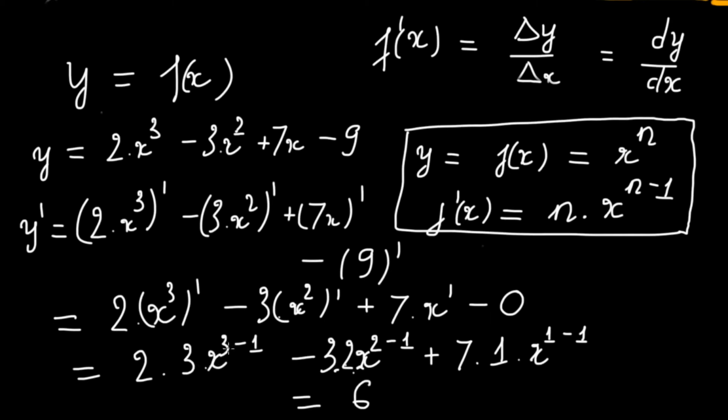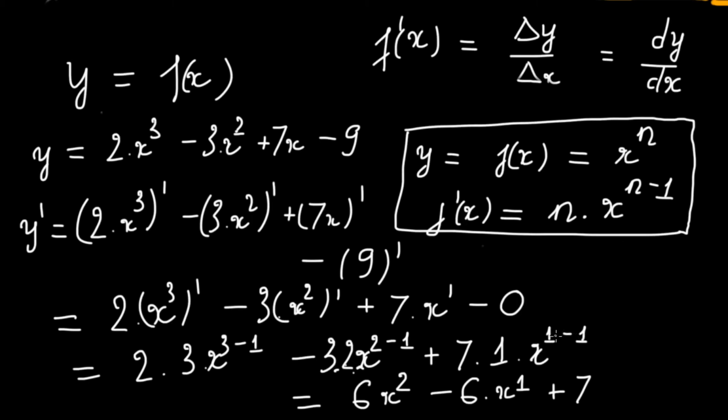It equals 2 times 3 is 6, x to the power of 3 minus 1, or x squared. You see minus right here, 3 times 2 is 6, then times x to the power of 2 minus 1, which is 1. And then you have 7 times 1 is 7, and x to the power of 1 minus 1 is 0.